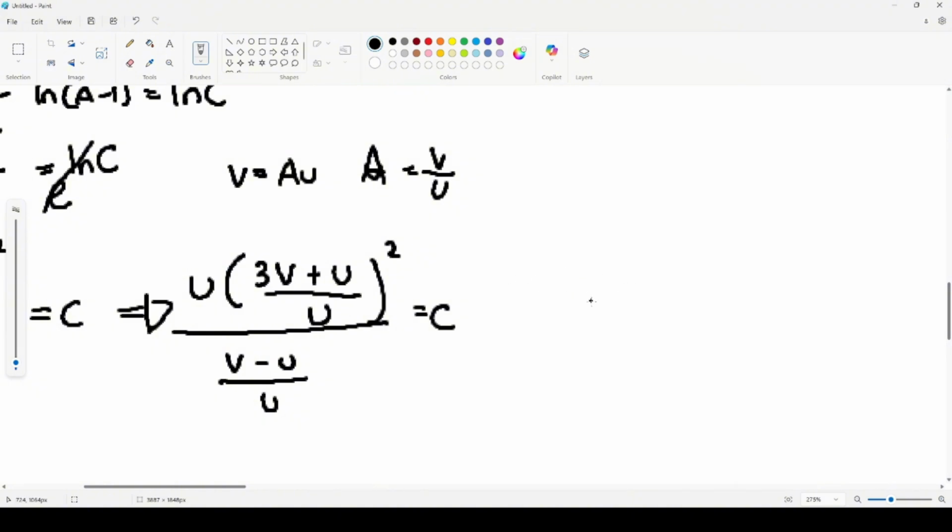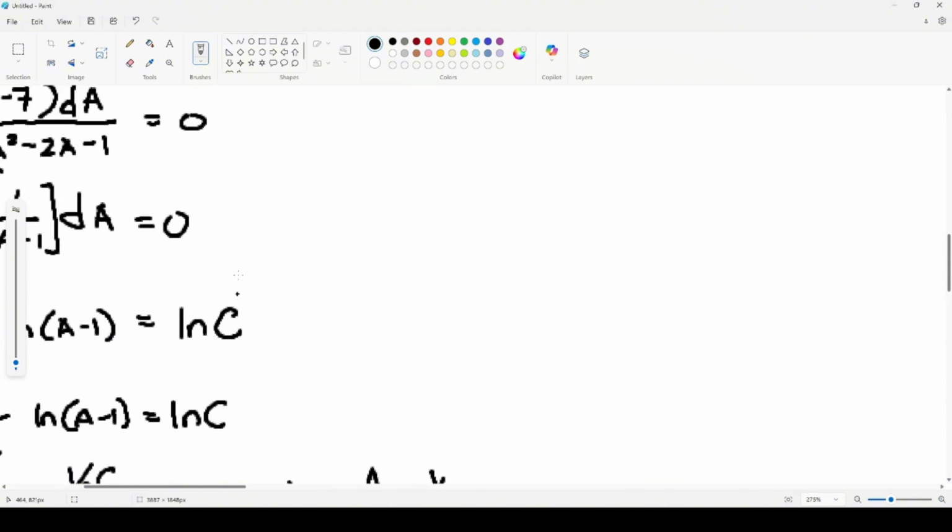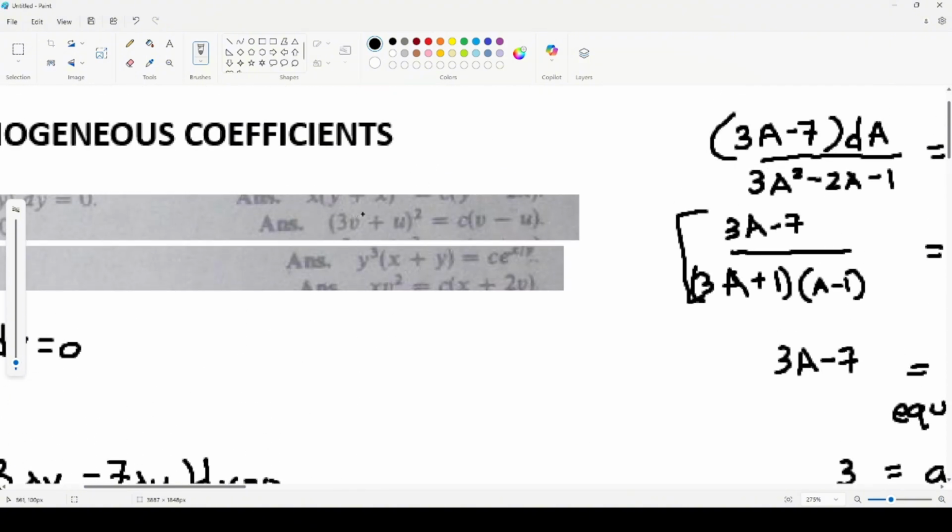So this becomes (3v plus u) squared is equal to c (v minus u). Let's make the v more apparent. That is now the answer. I hope our answer is correct. There you go. (3v plus u) squared is equal to c (v minus u).